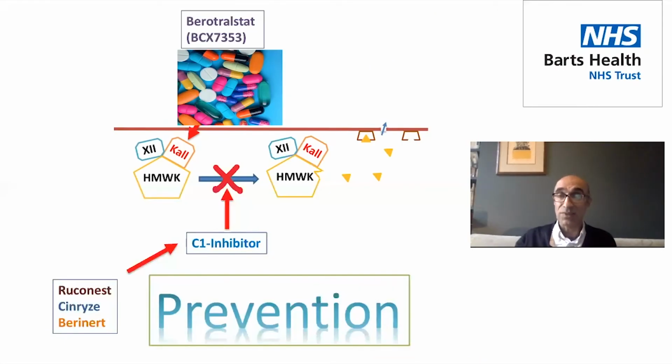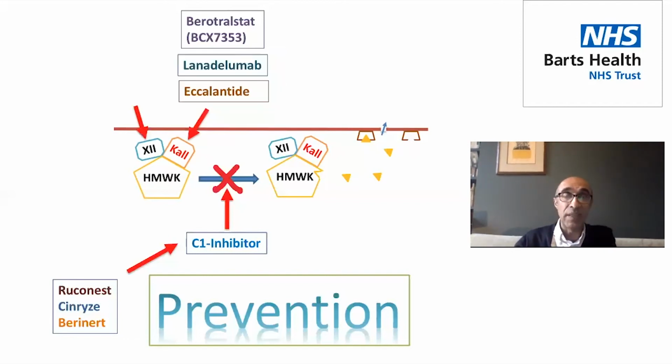That's a daily drug which is taken by patients who need preventive treatment, and perhaps would be useful for people who don't have as severe a disease as people who are on regular C1 inhibitor or on regular lanadelumab, but they still have enough swellings that need prevention.